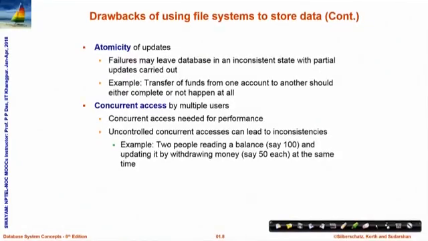This will be a major cause of inconsistency in the database. So, what you want is, if the transfer can happen, then it must happen in totality, that is, both the debit and the credit must happen together, or nothing should happen at all. There are several examples of the requirement of atomicity for update, which is critical for maintaining consistency of the data.